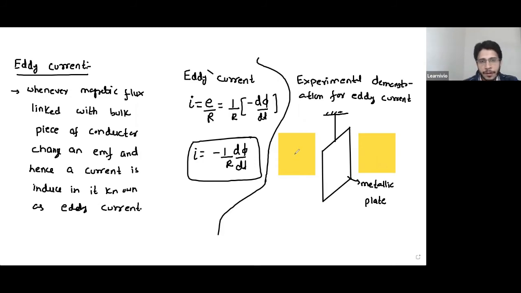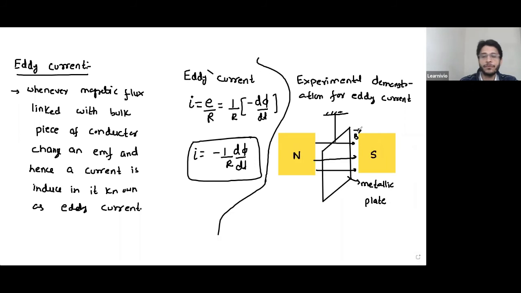But when I switch on the magnetic field, I make this block as North Pole, I make this one as South Pole, then a magnetic field will get established in between them. This is the magnetic field between.